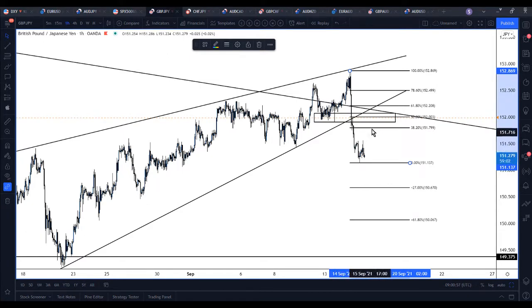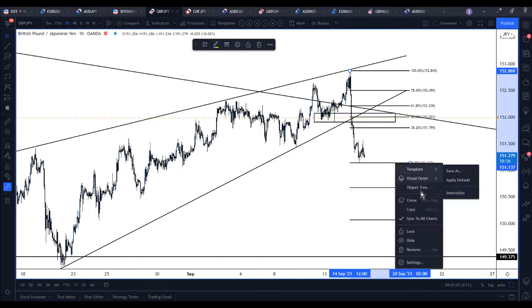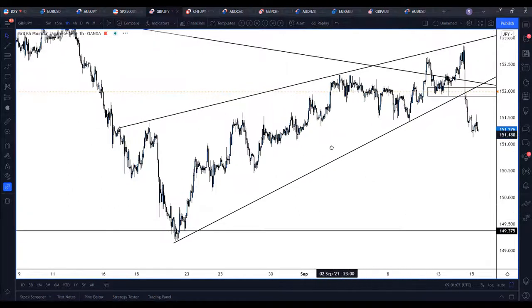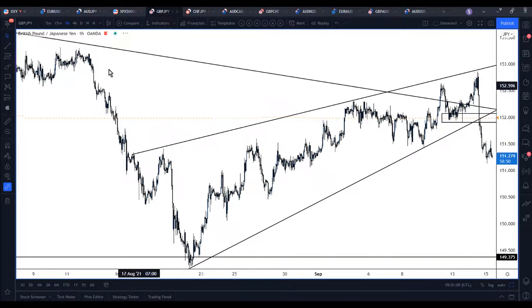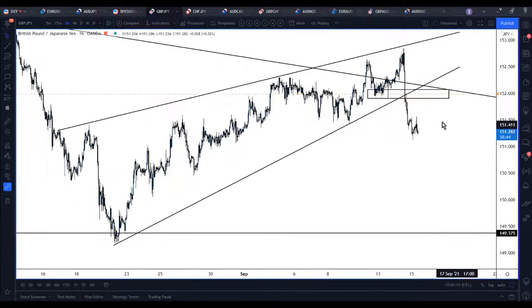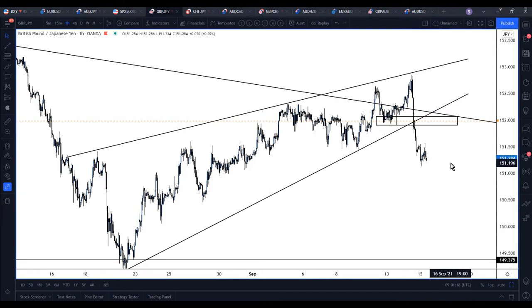If we correct into this little zone here, which was support, it could become resistance. You can see I got my alert there, so we'll see if that triggers. But when it goes, guys, look at this. It can have some very short corrections, so we might get that here. Who knows? So keep your eyes open.